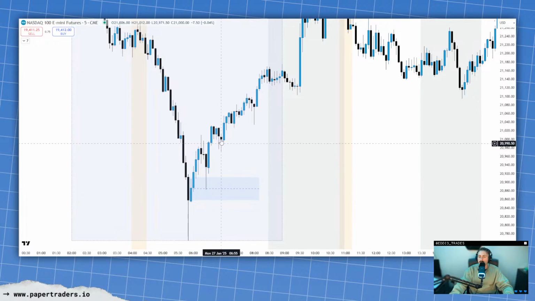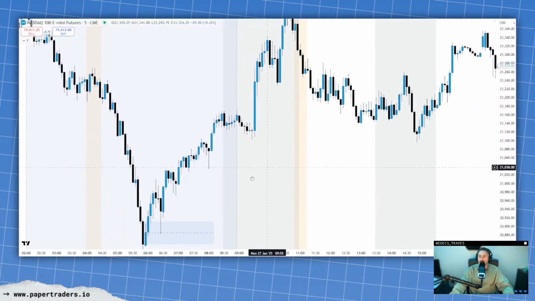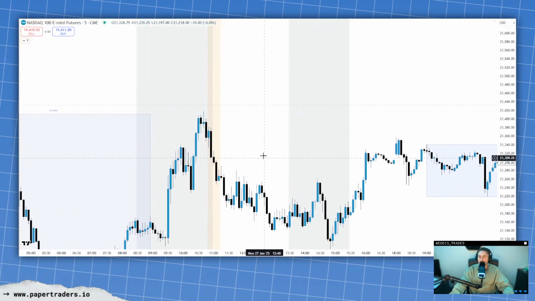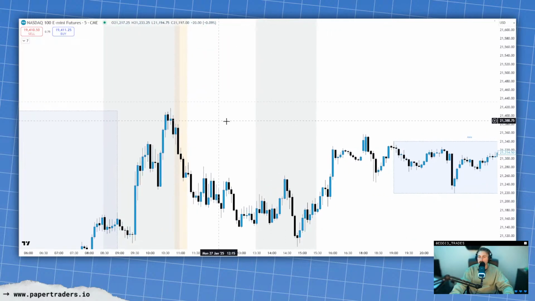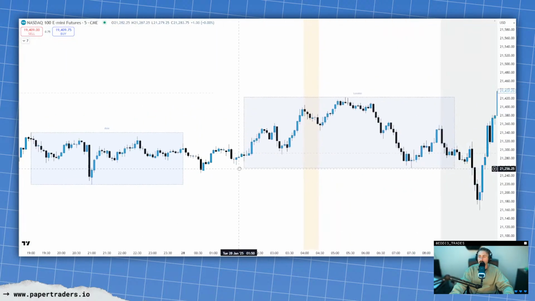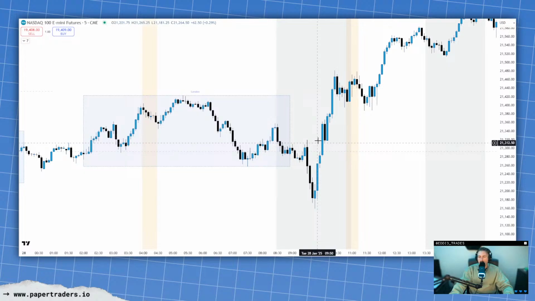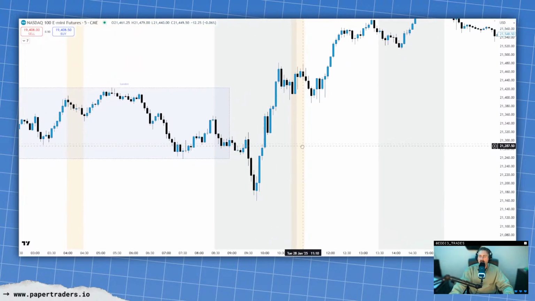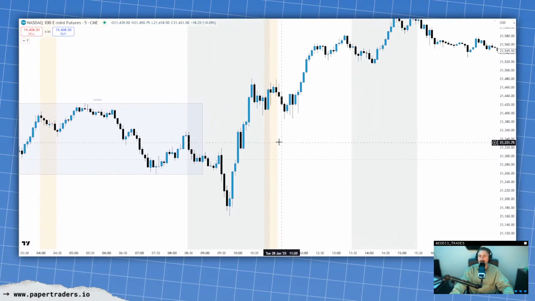Retrace into it, continuation up. It's kind of a chimney candle right here. Right, similar thing, intra-trend. When we're above the opening price of this candle, come back almost pretty close to retesting it, continue up.